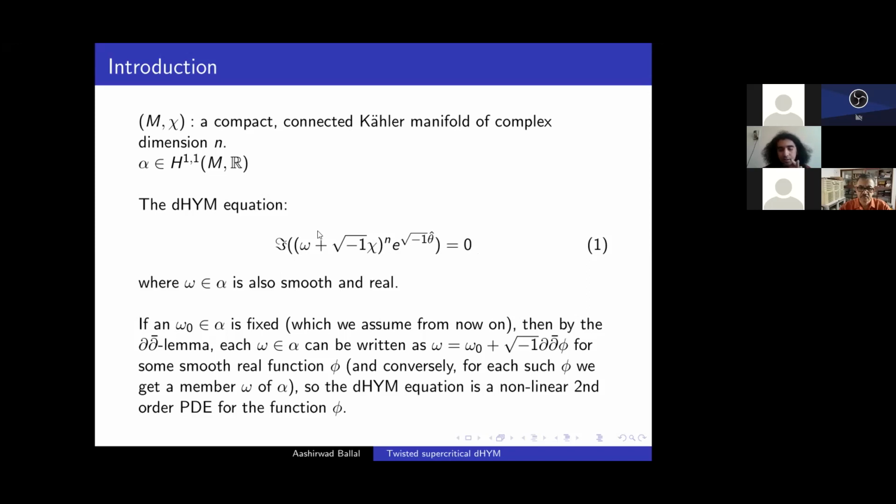What this says is that this n-form is a multiple of chi raised to n times a constant.